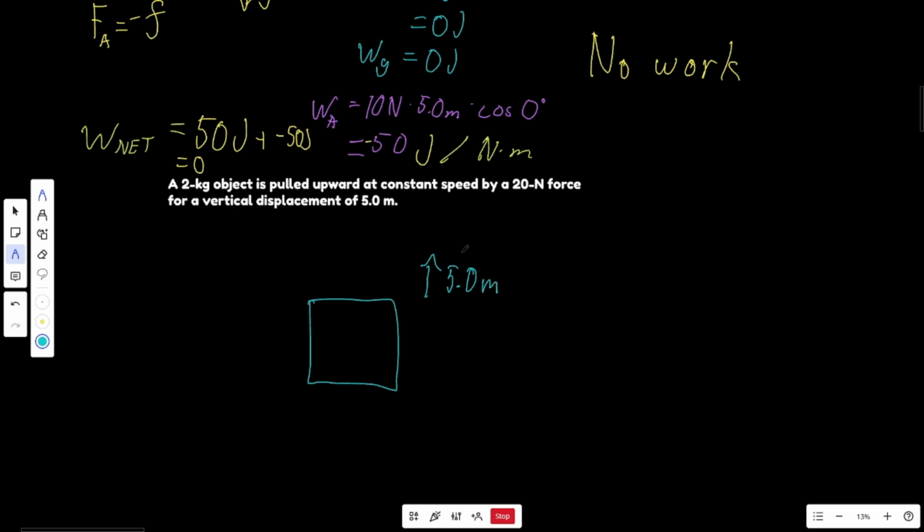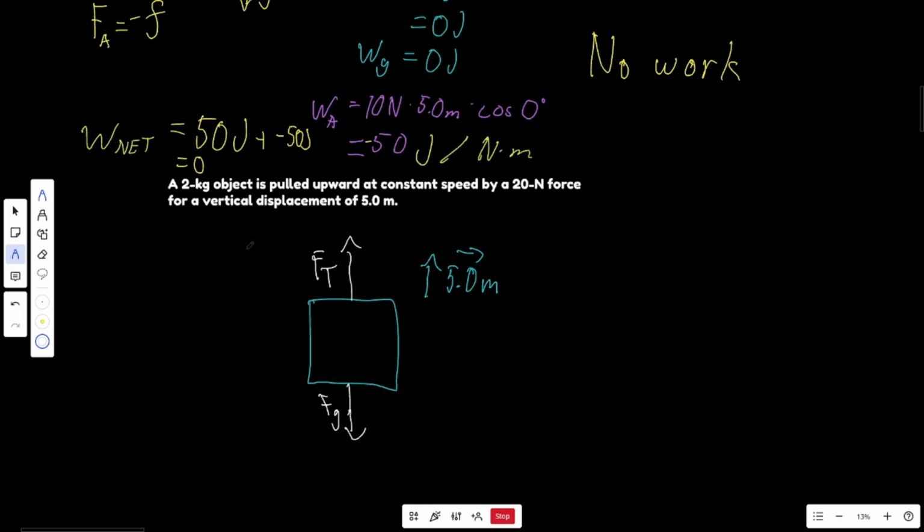5.0 meters going up. And the object is experiencing two forces. There's going to be the upward force, which could be tension, but well, let's just say that it's tension, even though it's not explicitly stated there. There's the tensional force, and then there's also going to be gravity, Fg.